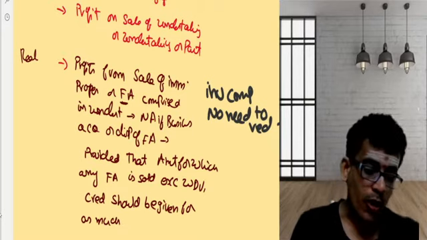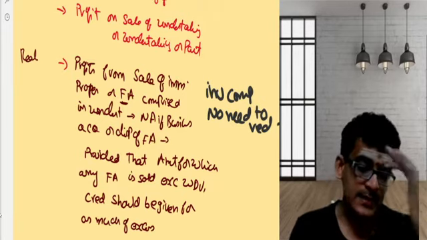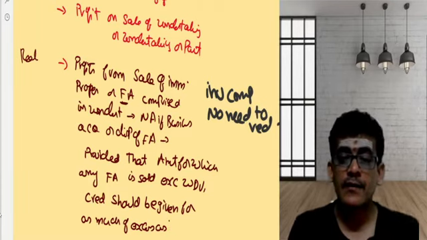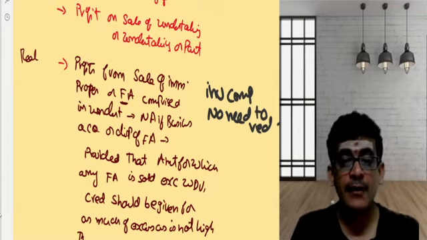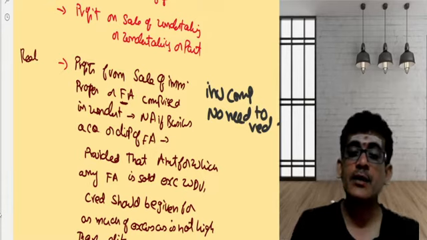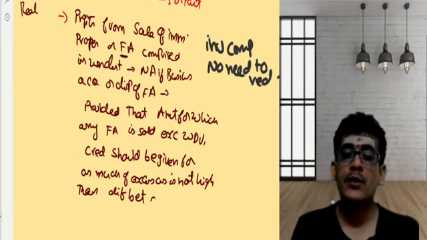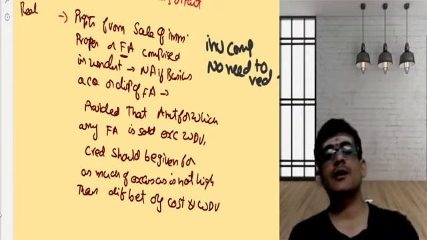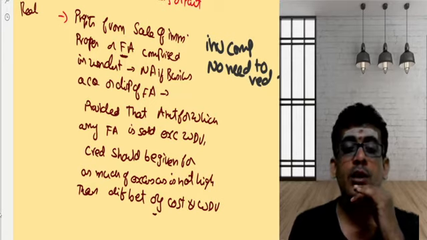For so much of the excess as is not higher than the difference between the original cost and its WDV. That means you can consider a credit only to the extent of the difference between original cost and WDV.